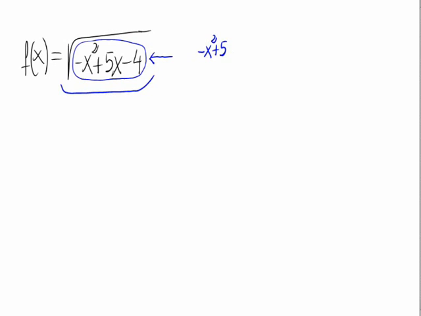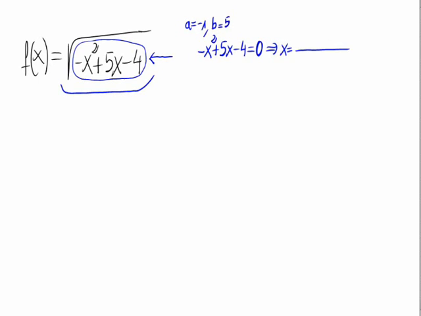To study the sign of minus x squared plus 5x minus 4, we have to make it equal 0. And now let's calculate the values of x that, when substituted in the polynomial, are equal to 0.